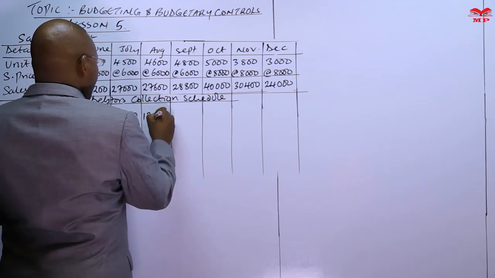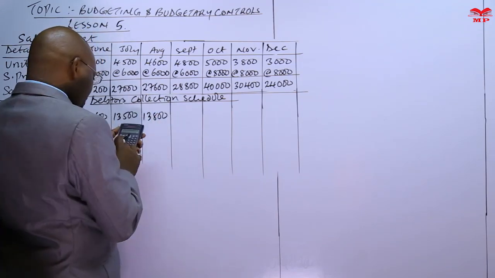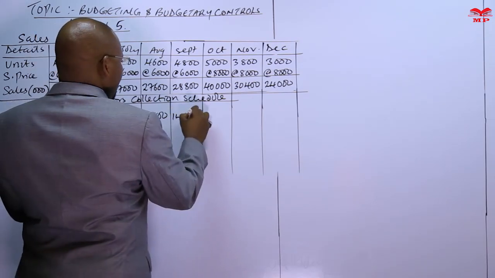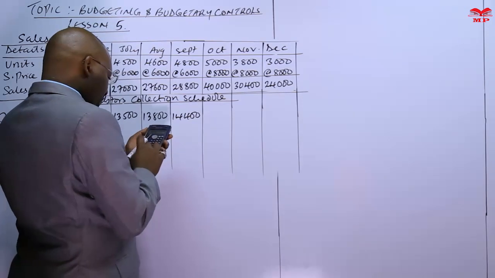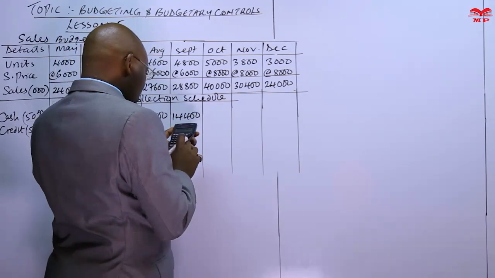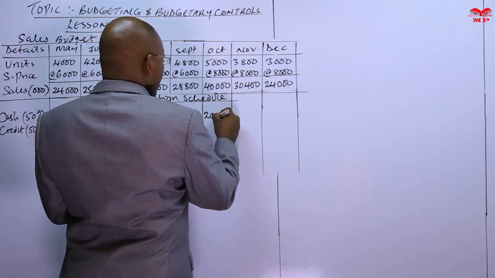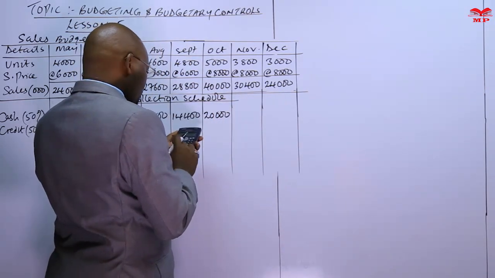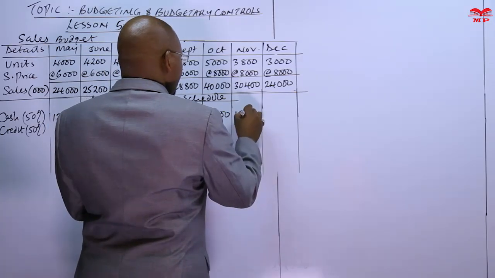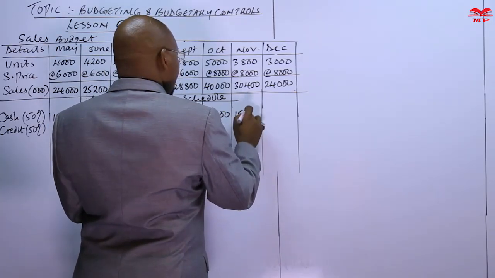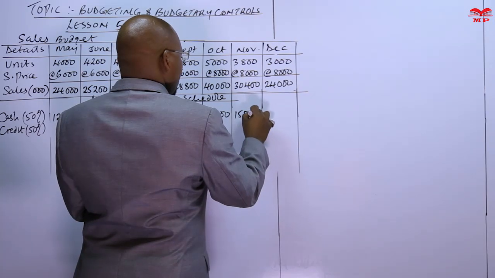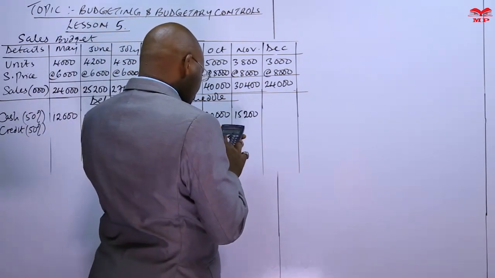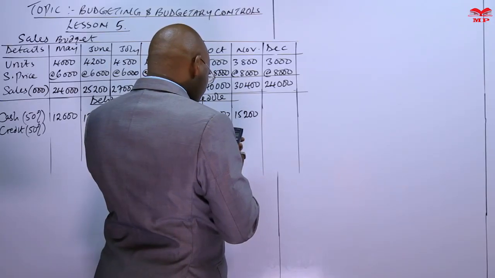This is 13,800. 0.5 times 28,800. This is 14,400. 0.5 times 40,000, which is 20,000. 0.5 times 30,400, which is 15,200. And 0.5 times 24,000, which is 12,000.